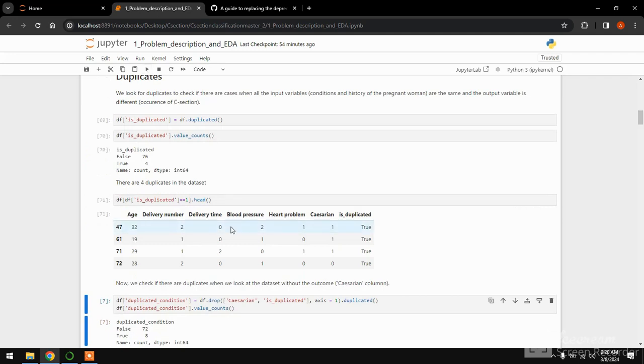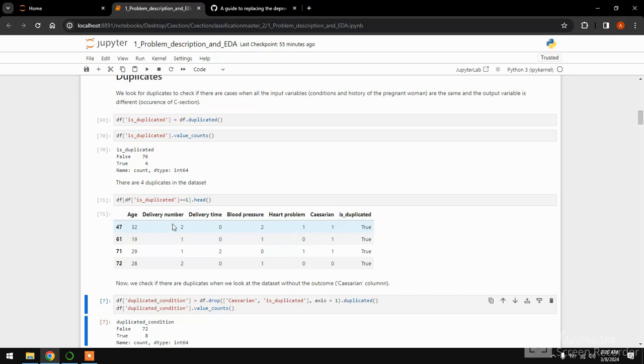As you can see, these are the duplicate values. We have duplicate values where the age is 32, and these are the values of that person, and it's duplicated: true. Also for the person of 19 years of age, and so on in the details: 29, 28, what was the blood pressure, did the person have a heart problem, was this value duplicated?